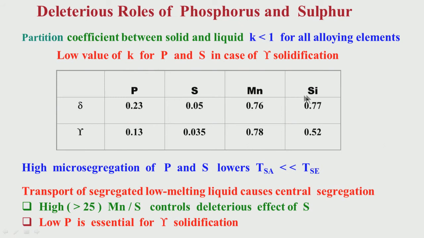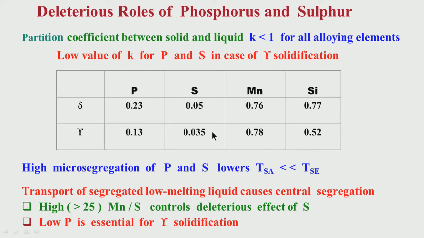So, manganese, silicon: when solidification is taking place through delta ferrite as initial solid, it is 0.76 for manganese, 0.77 for silicon. Look at the values for gamma, when solidification takes place through gamma: 0.78, and 0.52 for silicon.